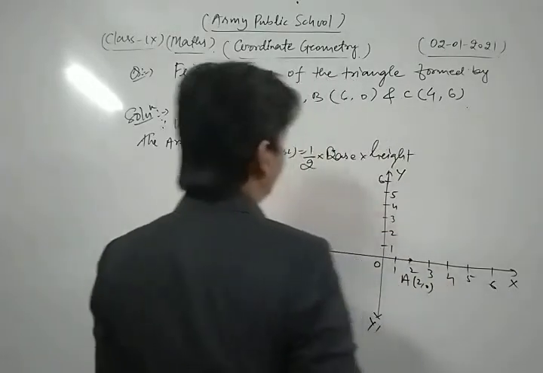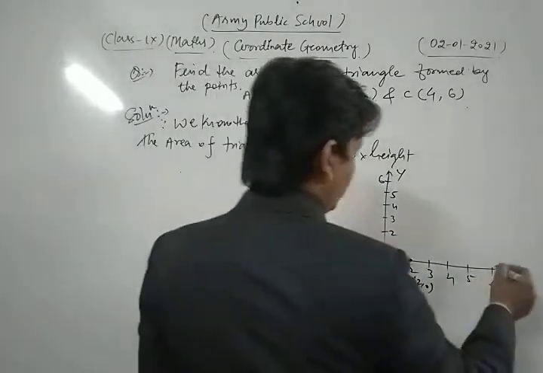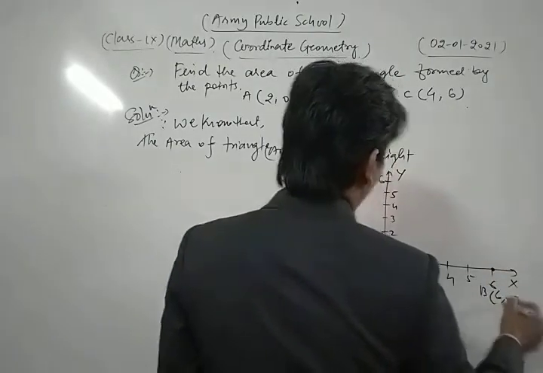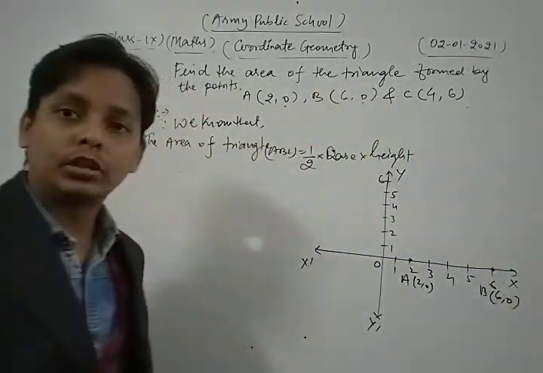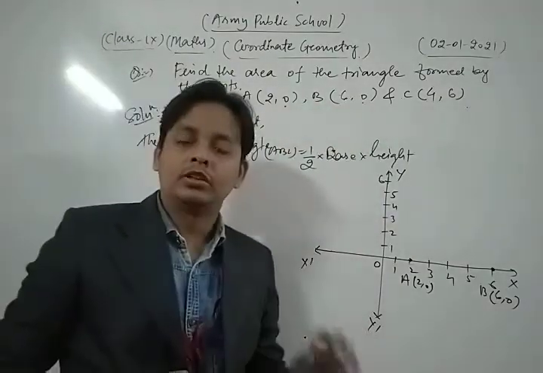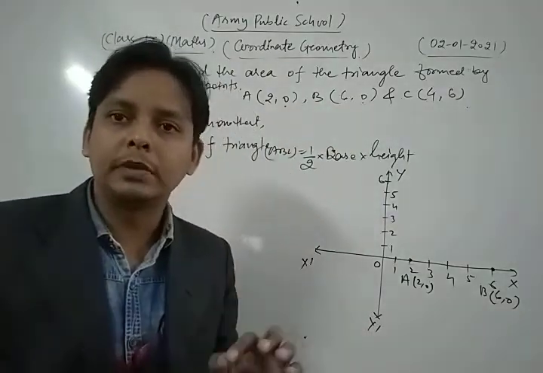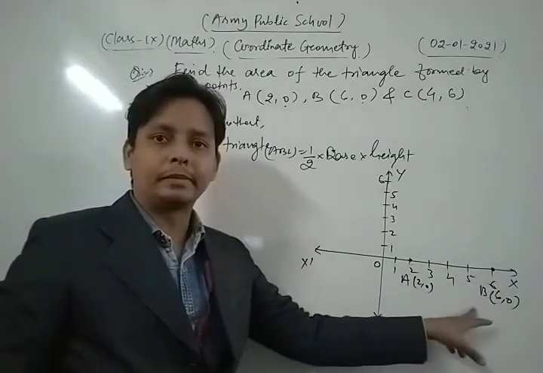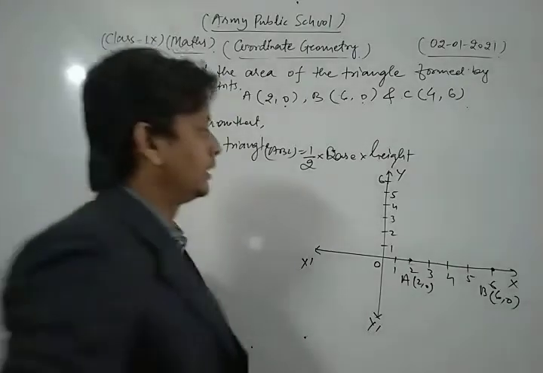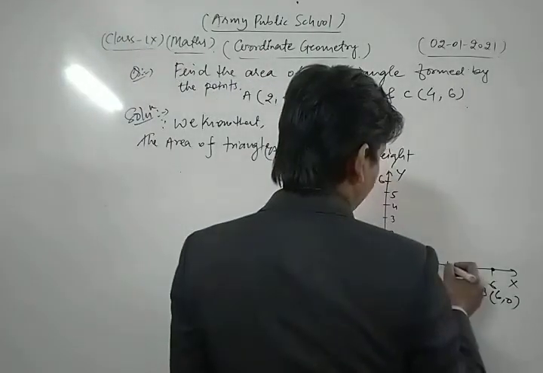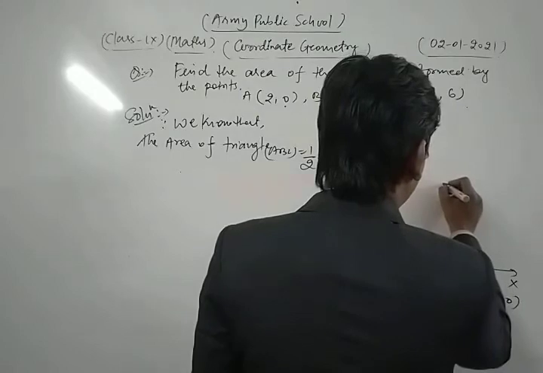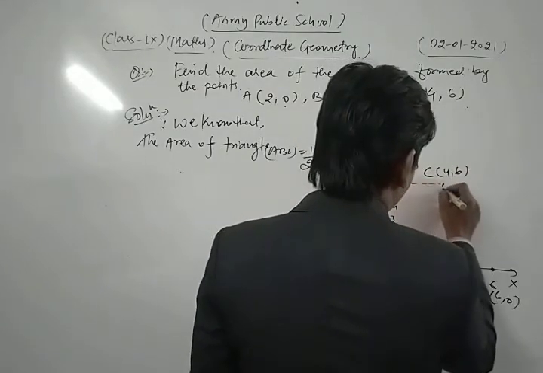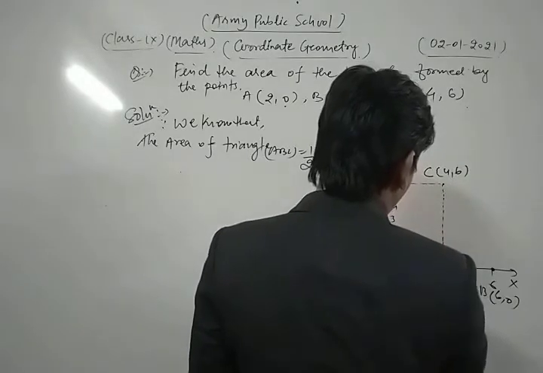Now 6, 0 lies on that place here, point B lies on 6, 0. In both the coordinates, ordinate is 0, so it lies on the x-axis. So points A and B lie on that place. Now 4 and 6, abscissa is 4 and ordinate is 6 in that place. Now point C lies on that point.